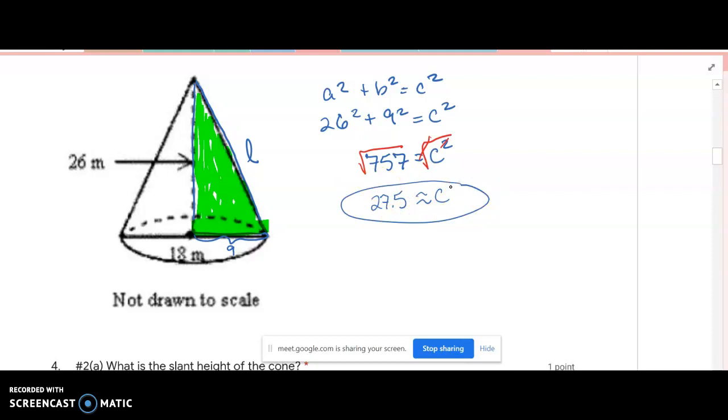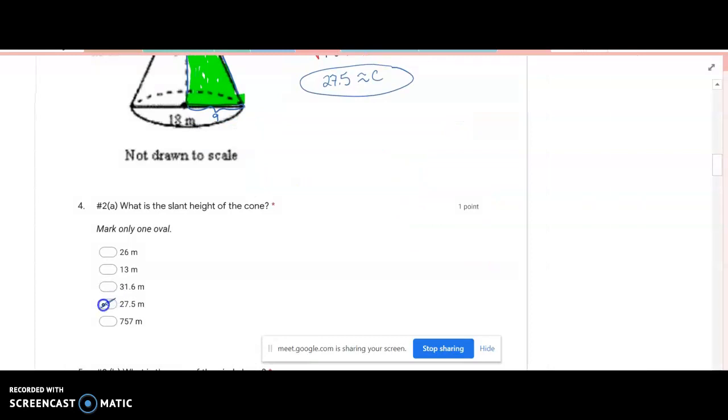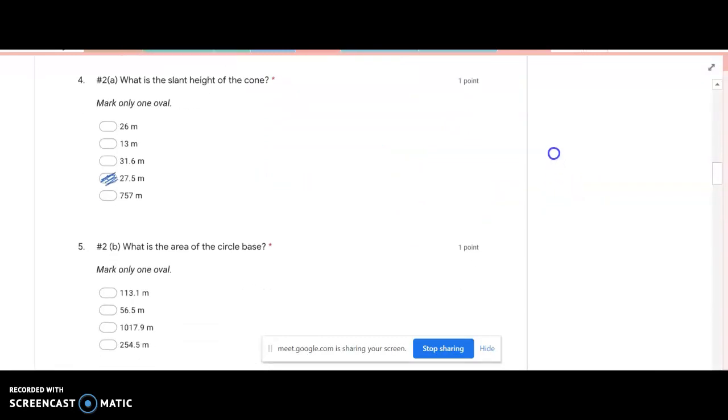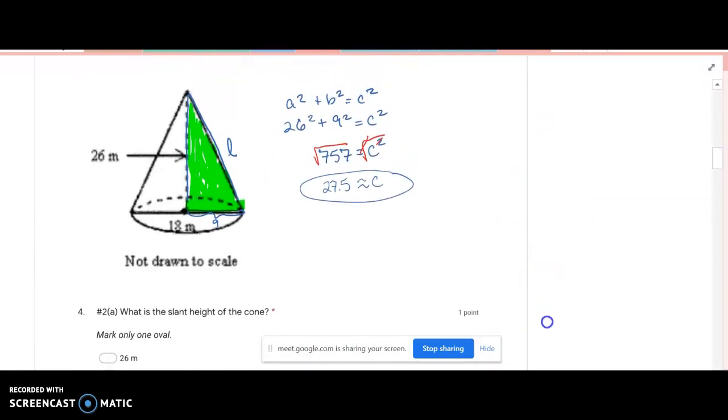Now, I'm writing down 27.5, but technically, when we go to find the lateral area, I need to actually use 27.51363298. The way we say that in math speak is you never round intermediate values, and that just means you use the whole decimal whenever you're calculating it to find something else.